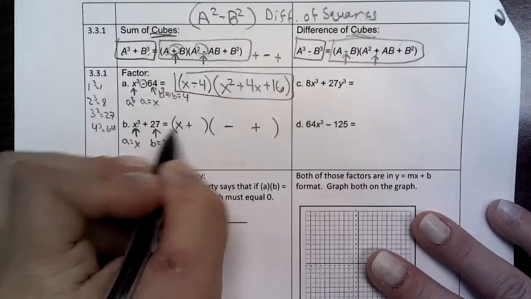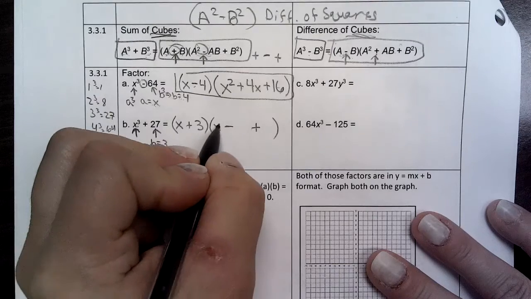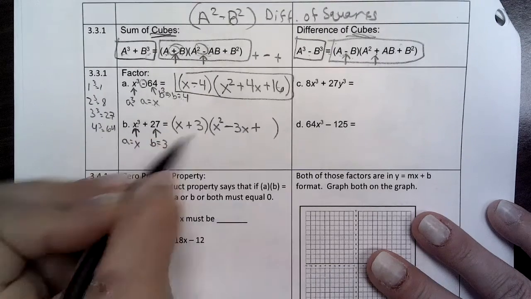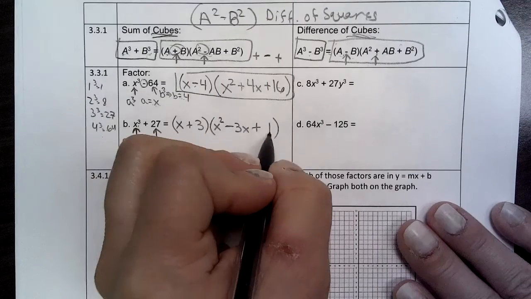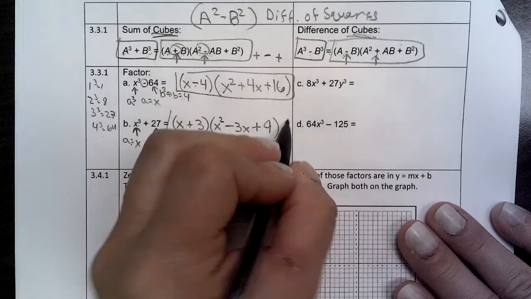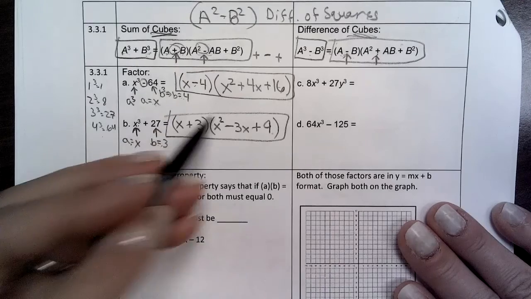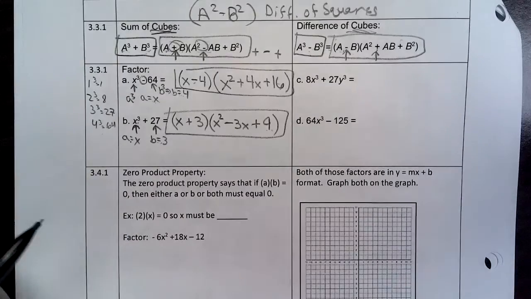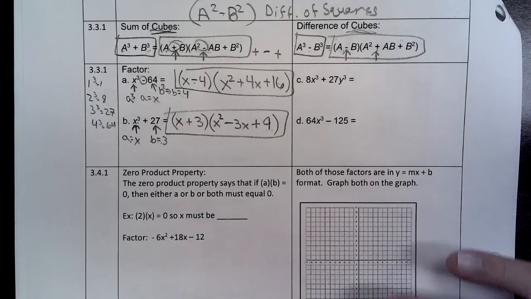So now I have x plus 3, a plus b, a squared minus ab, multiply those, and then plus b squared. Okay, and don't just leave this as a 3 squared. You guys, you have got to square these numbers. I see people leave them as 3 squared, and I count it as wrong. It's got to be squared.